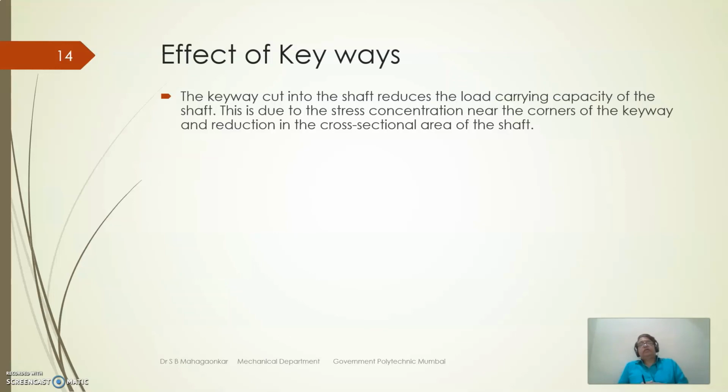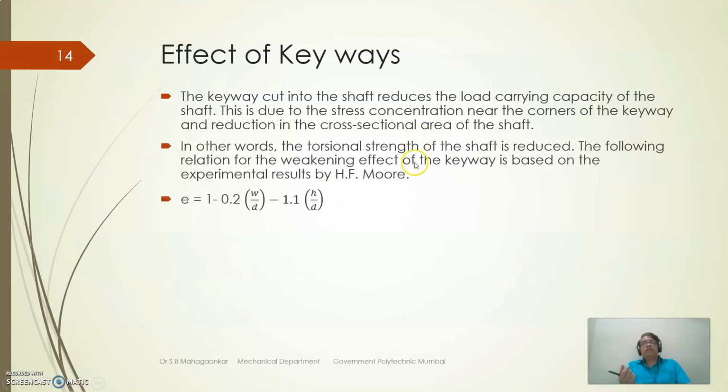So E is the ratio of the strength of the shaft with keyway to that without keyway, and it depends upon W and D. W, or B, is the width of the key. This equation was derived by the scientist H.F. Moore.